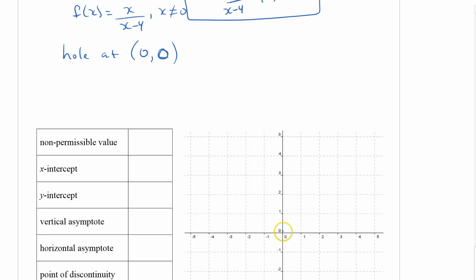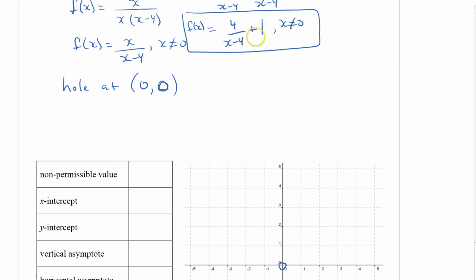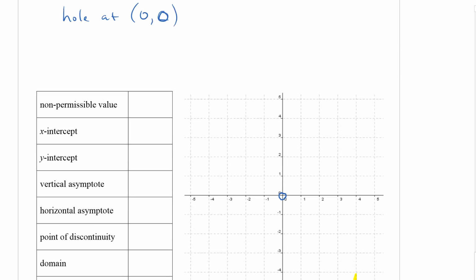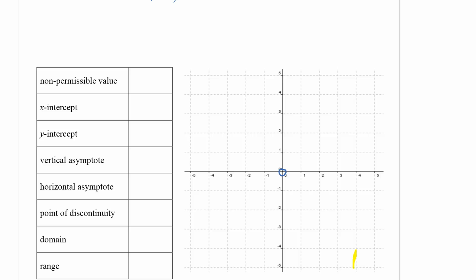So there's the hole there. And I have an asymptote. It's moved over 4 to the right, so I'll have a vertical asymptote at 4. And because of that plus 1, I'll have a horizontal asymptote at 1.